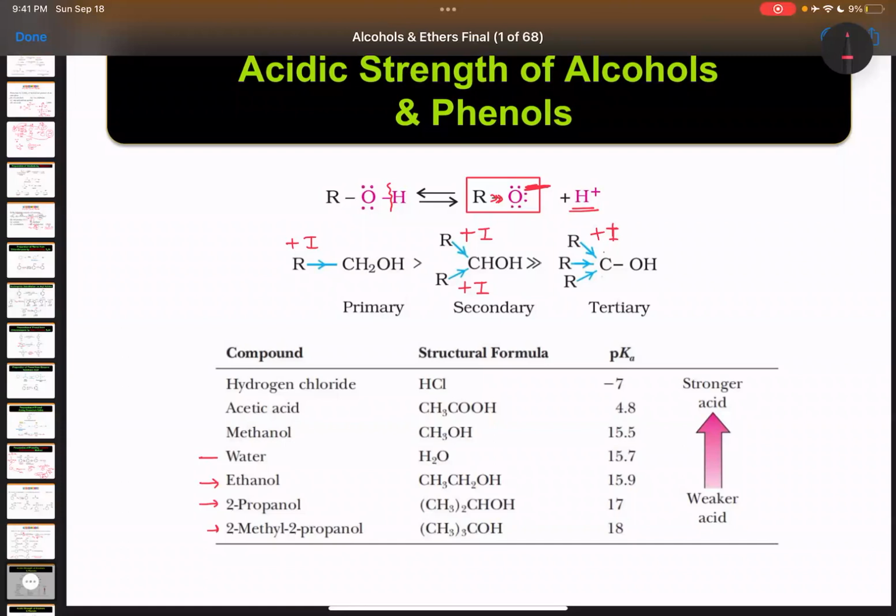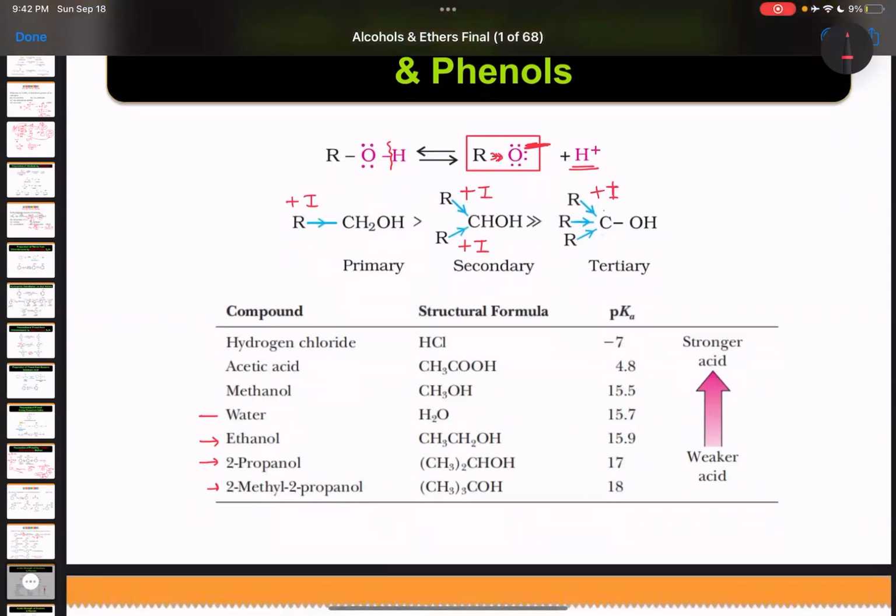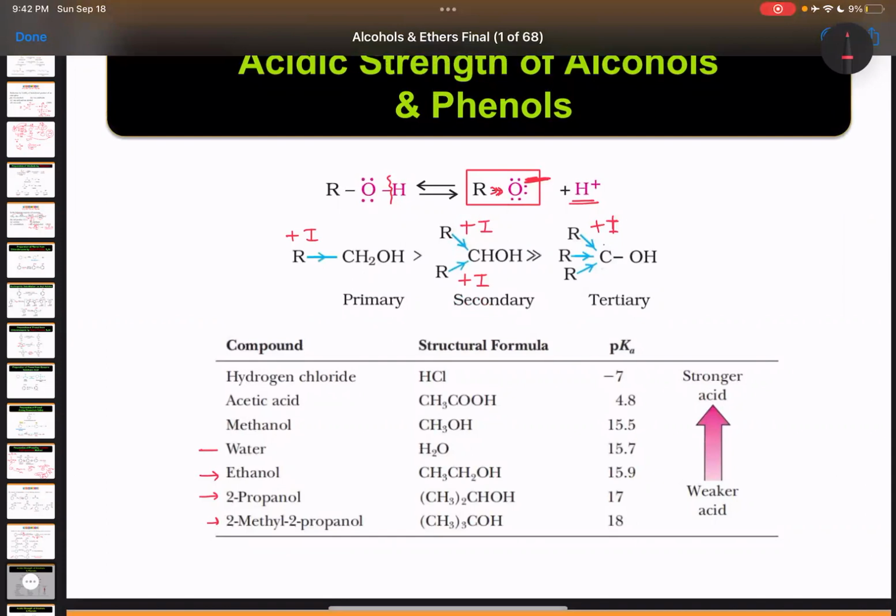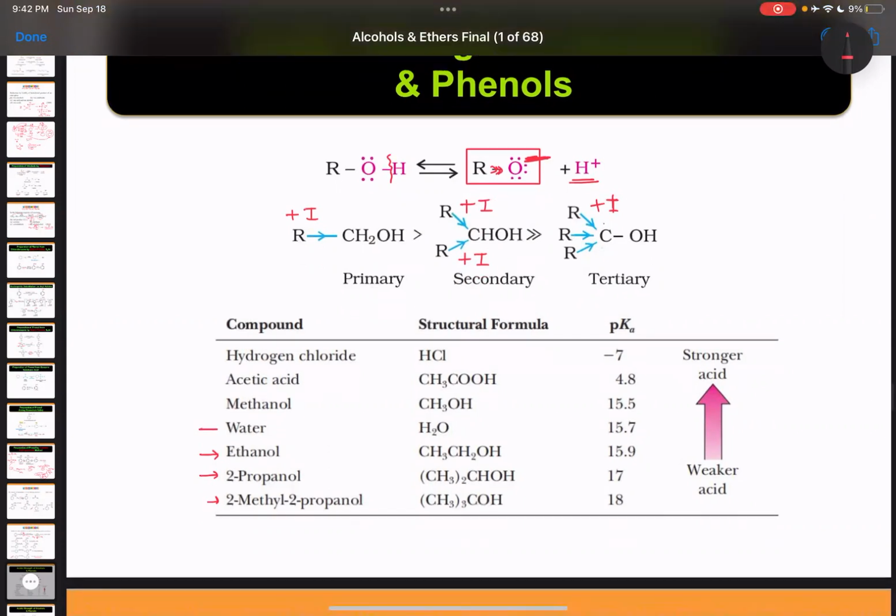More branching. Right? So less and less acidic it is going to become, right? pK is going to increase. Is it clear? Yes, sir.